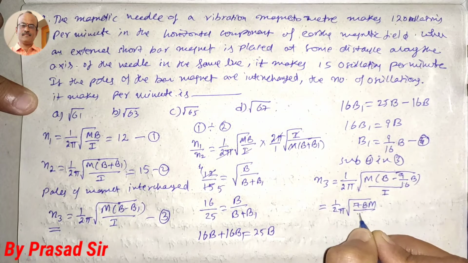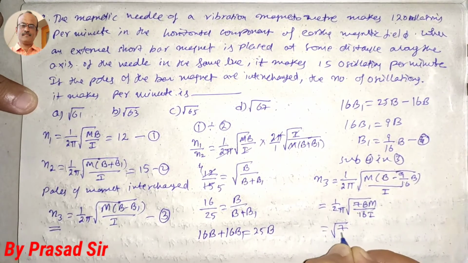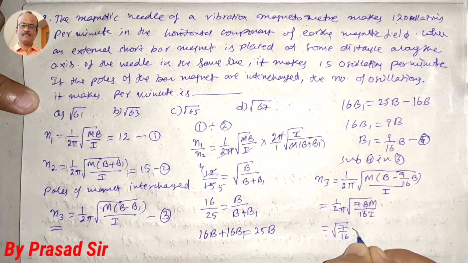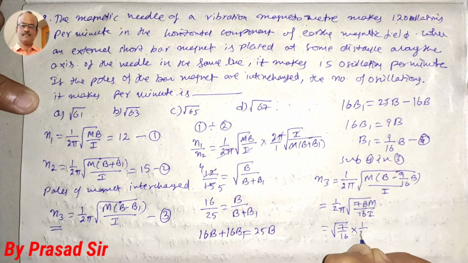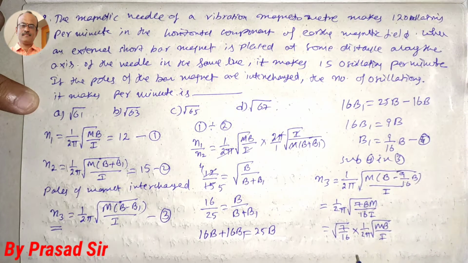So 7bm divided by 16I. That means root over 7 by 16 times 1 by 2 pi times square root over mb by I. So what happens in this case here?